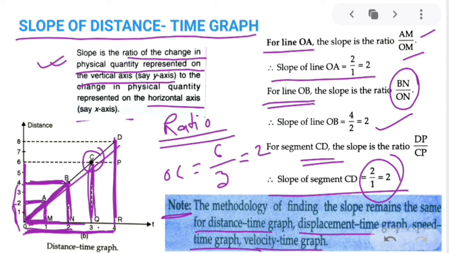The same methodology is used for every graphical method to find the slope. Listen one more time: vertical distance divided by horizontal distance. This is the slope of a particular line segment in the distance time graph.